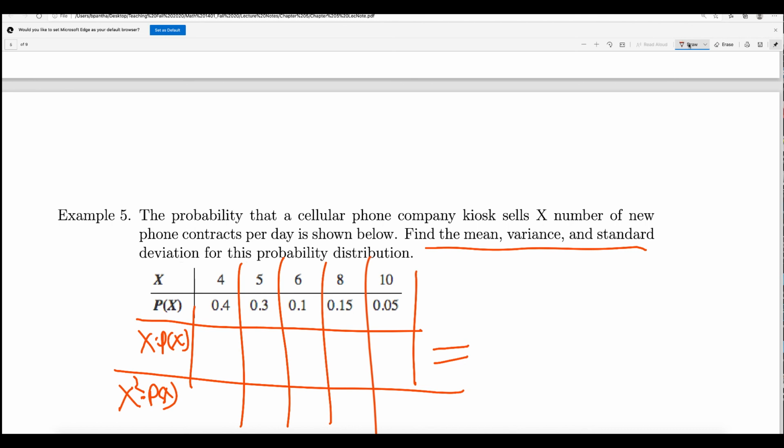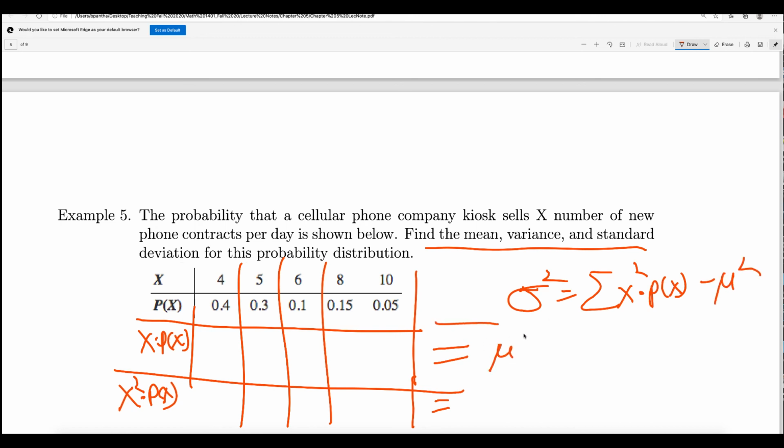Then sigma square equals summation of x square times px minus mu square, because the summation of x times px will be the mu, and whatever value you get is the final answer. So you do it by yourself.